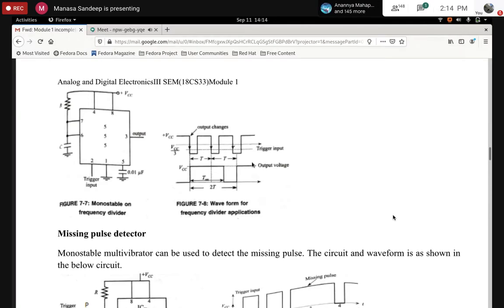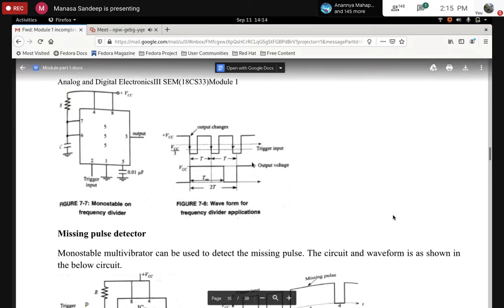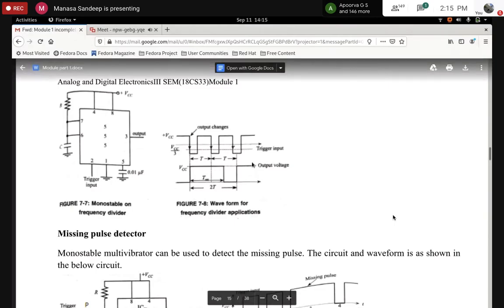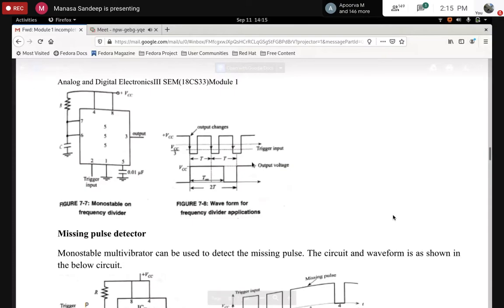This T is the time taken for the next negative going trigger to appear. After T duration, you can see the duration here, I will get my second trigger, correct? So I will choose the values of R and C such that this T on period will be a little more than this T.